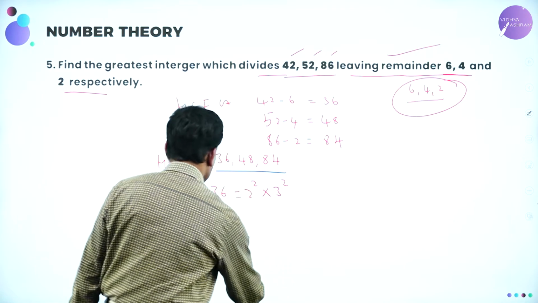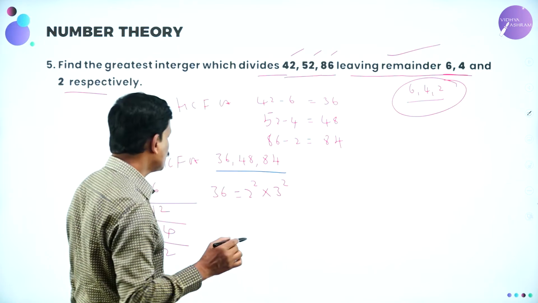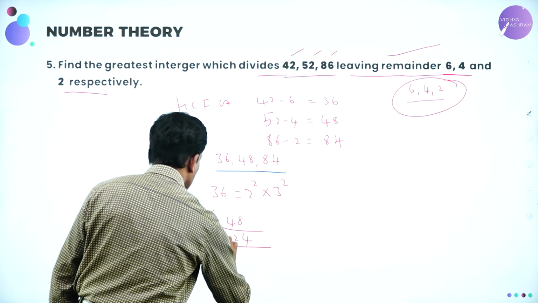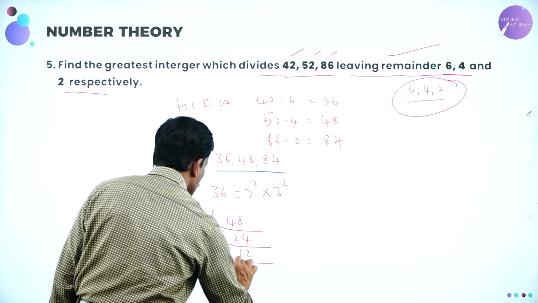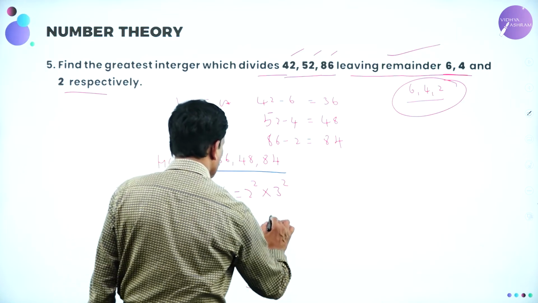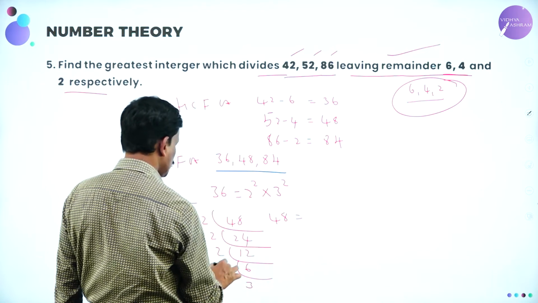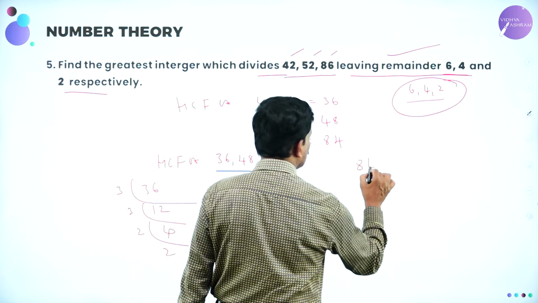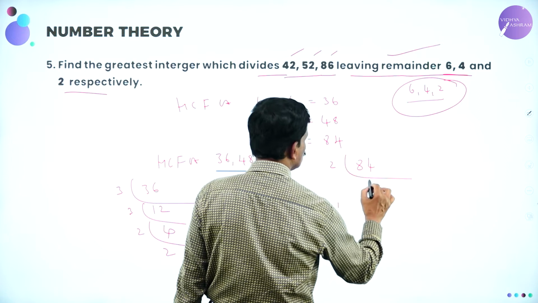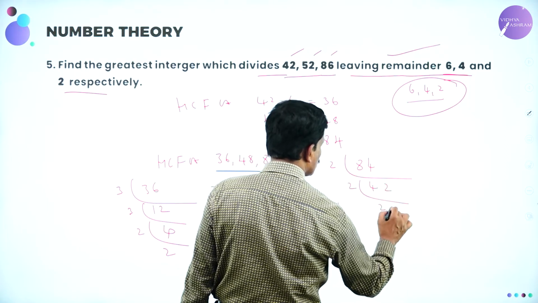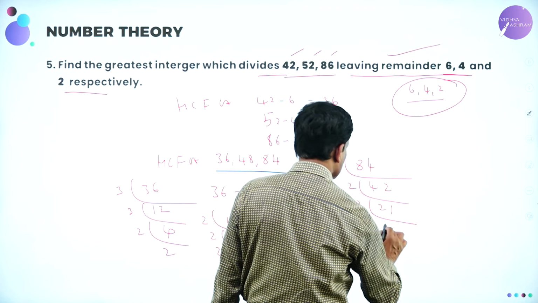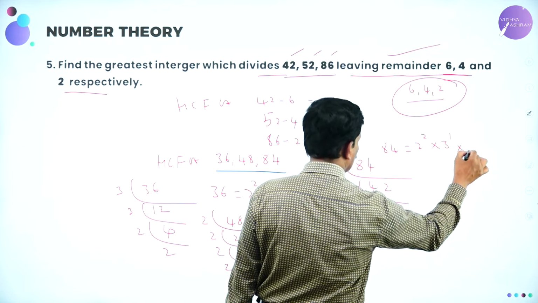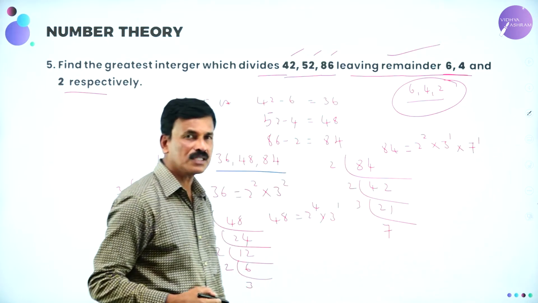Similarly, 48 can be written as 2 to the power of 4 into 3 to the power of 1. And the last one, 84, can be written as 2 square into 3 to the power of 1 into 7 to the power of 1. These are the factors, right?